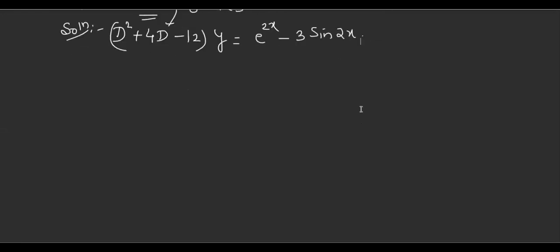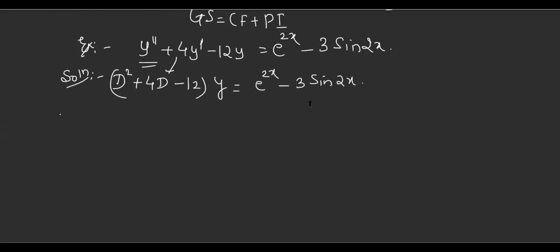Now, first part is simple. Just solve it. What is the first part? We have to find CF, isn't it? So we have to write the auxiliary equation. Replace D by M and equate it to 0. Tell me the roots.